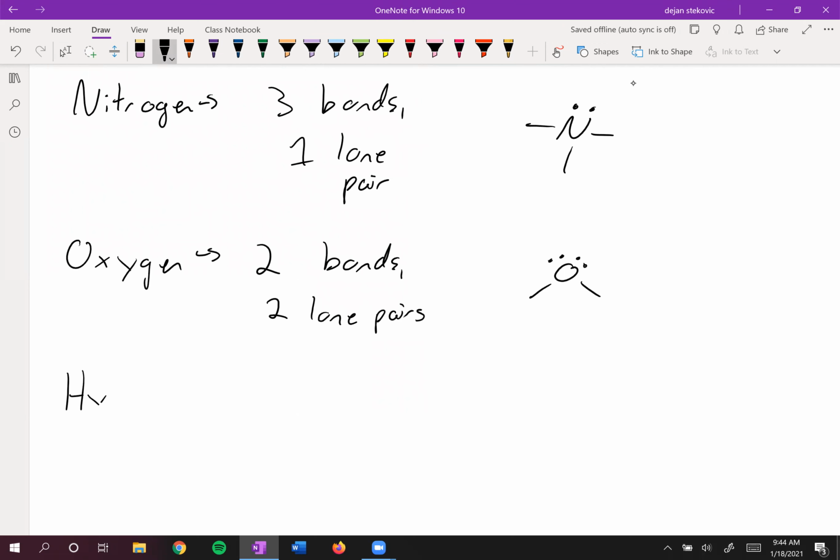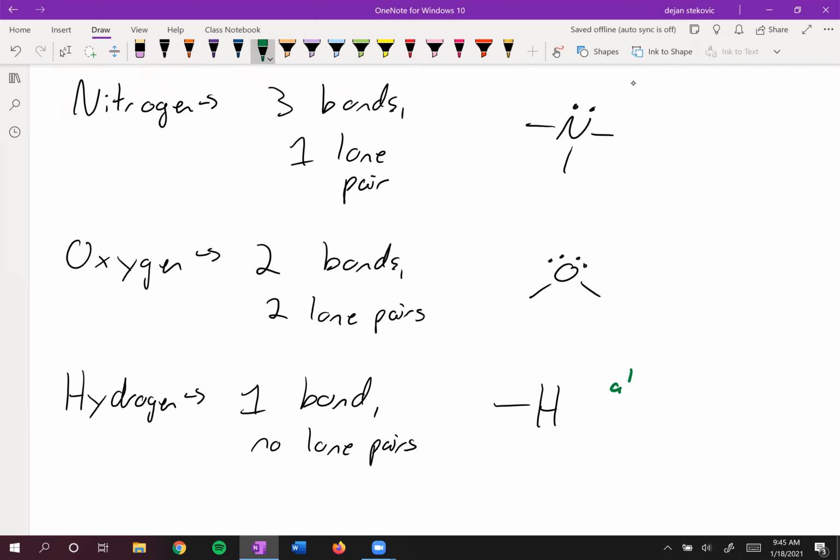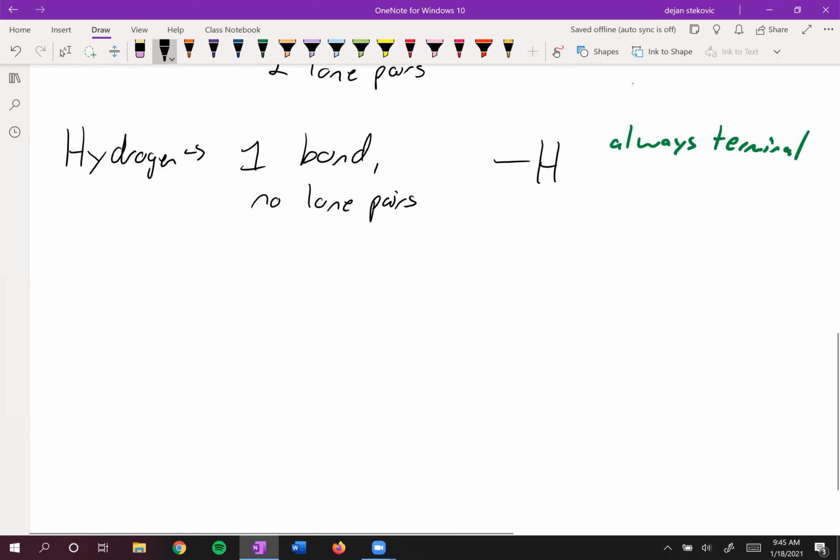After that, we have hydrogen. Hydrogen will have 1 bond and no lone pairs. Since it only has 1 bond, the hydrogen will always be terminal, or at the end of a molecule, right? It can only bond once, so you can't continue on that molecule once you add that hydrogen at that spot.